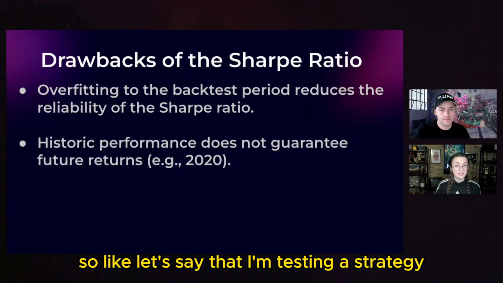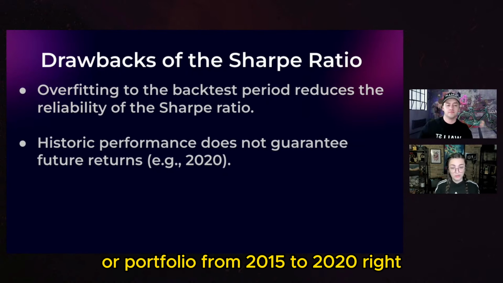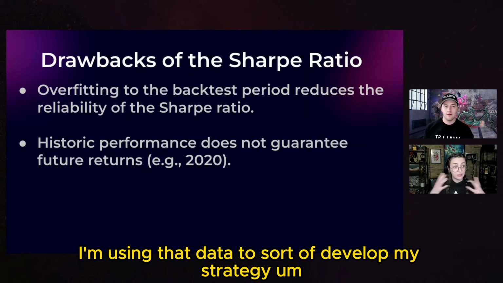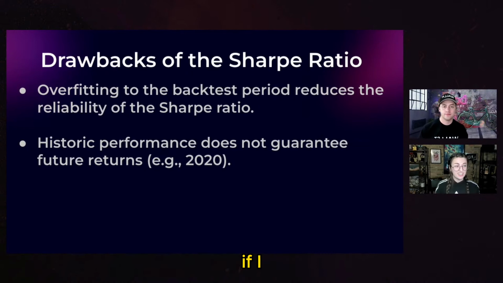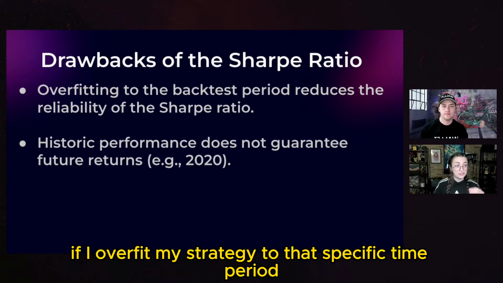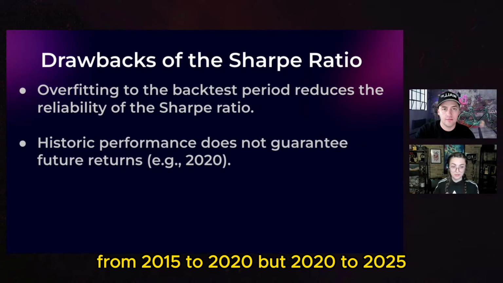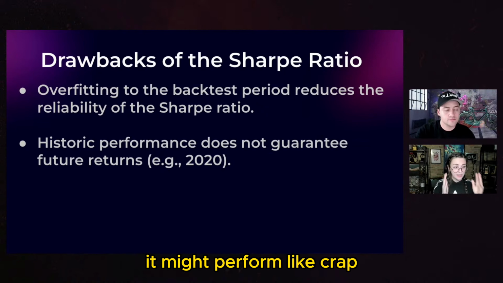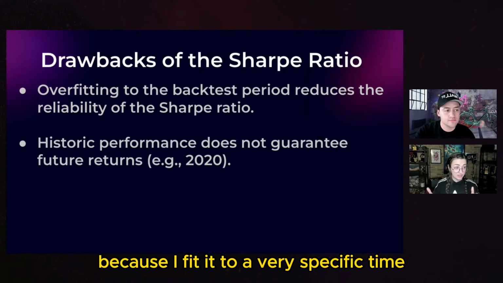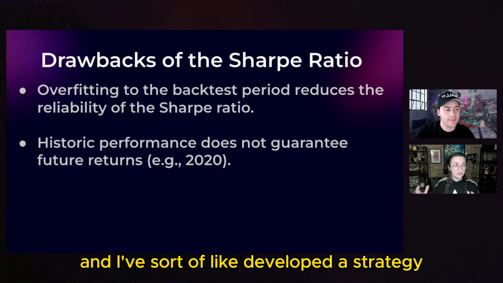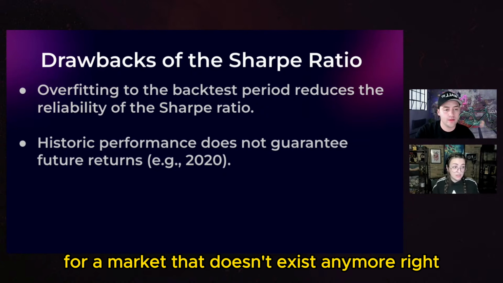Let's say I'm testing a strategy or a portfolio from 2015 to 2020, and I'm using that data to develop my strategy. If I overfit my strategy to that specific time period, I might have a strategy with a really high Sharpe ratio from 2015 to 2020, but from 2020 to 2025 it might perform poorly, because I've developed a strategy for a market that doesn't exist anymore.